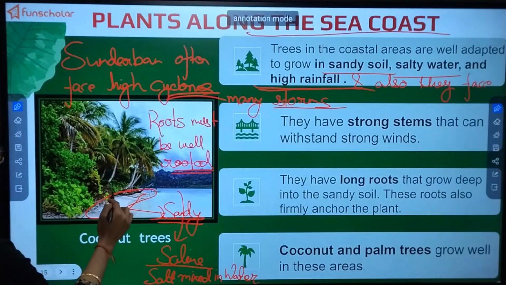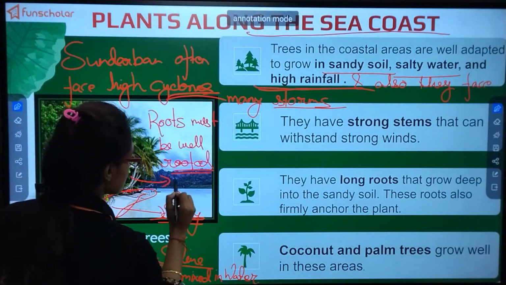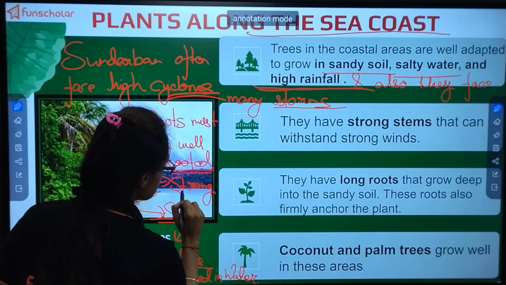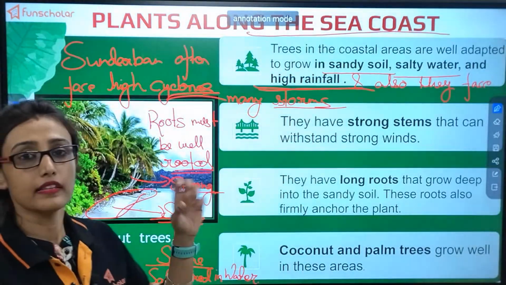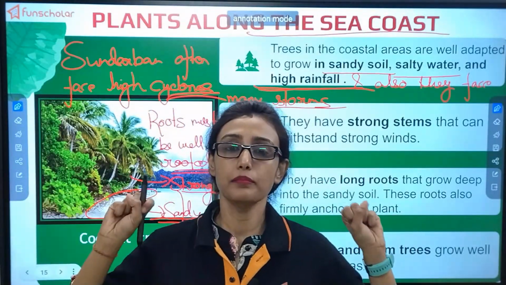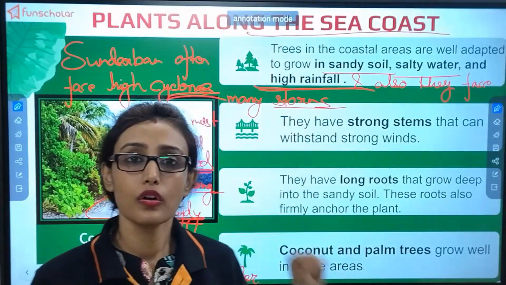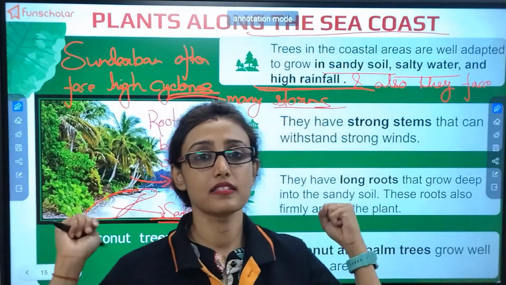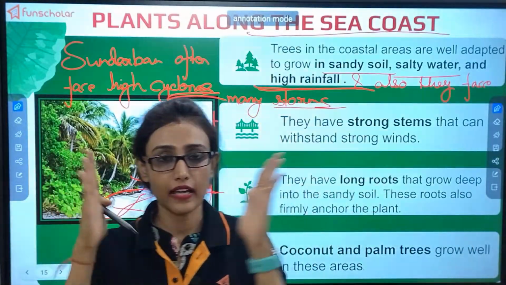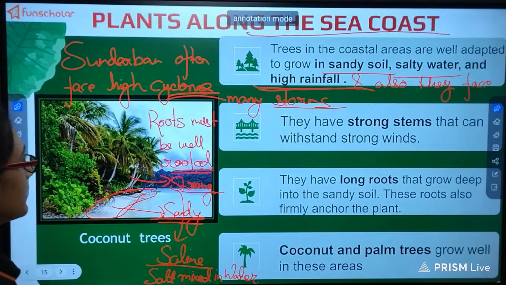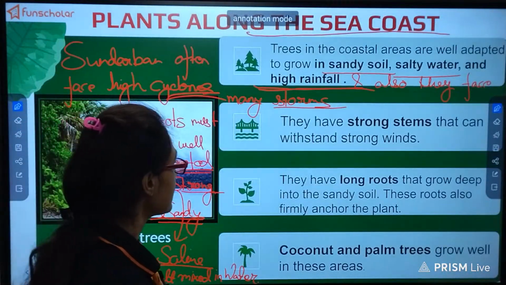Even the stems must be strong. If the stems are not strong, they won't be able to hold the leaves and branches. So that's why they have a deep root system and strong stems, so that they can hold the leaves and branches together.